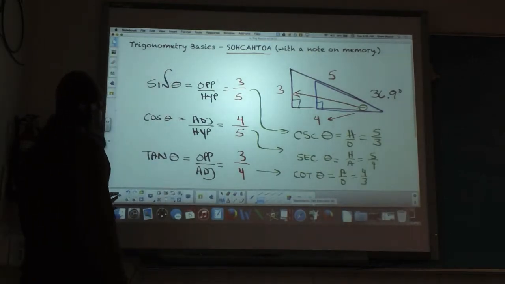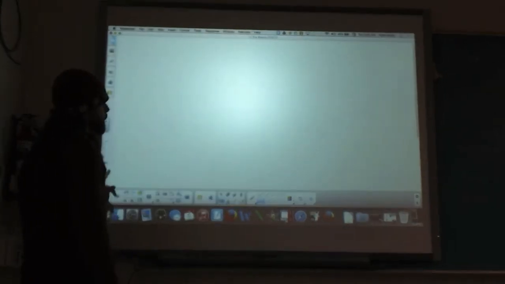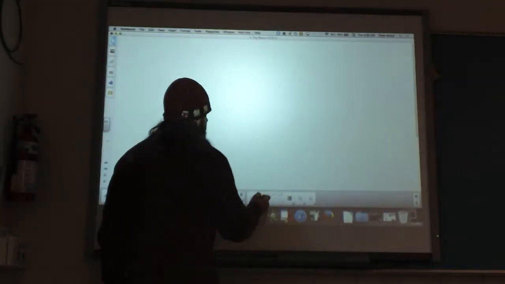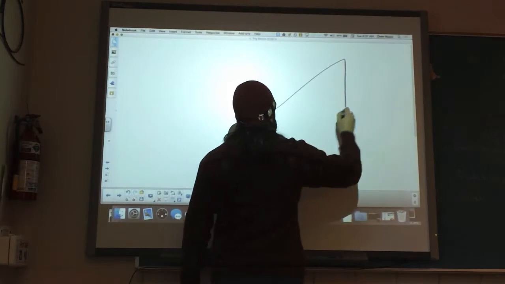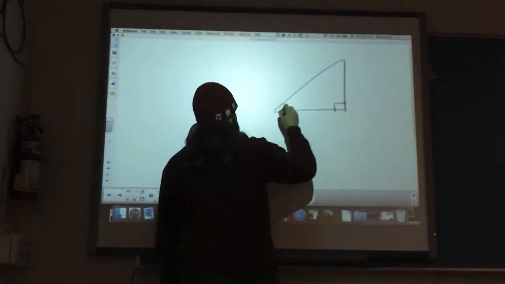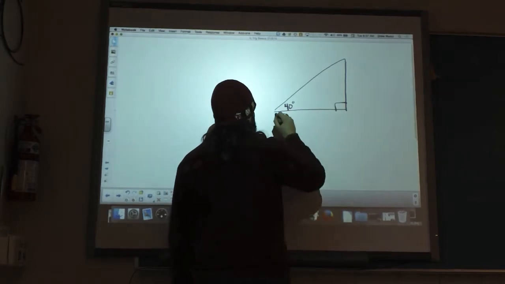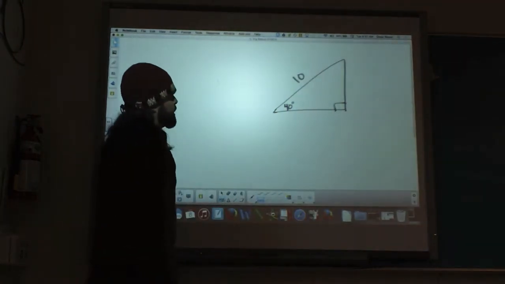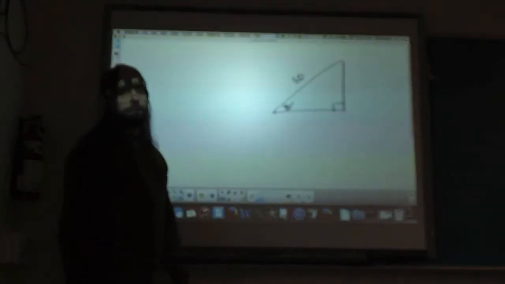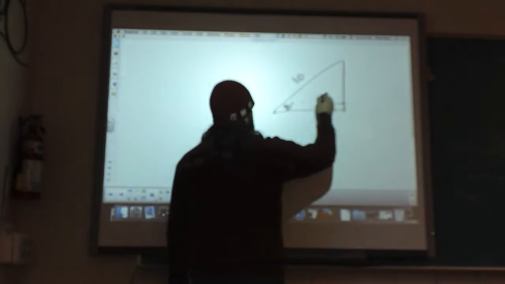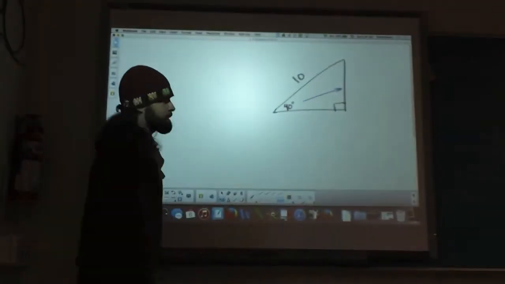You can also use trig to find sides of triangles. So let's say that you've got this poorly drawn triangle, and you know that this is 40 degrees, and you know the hypotenuse is 10. And you want to find what the other sides of the triangle are. Well, let's say you wanted to find how tall this triangle is, that other side.